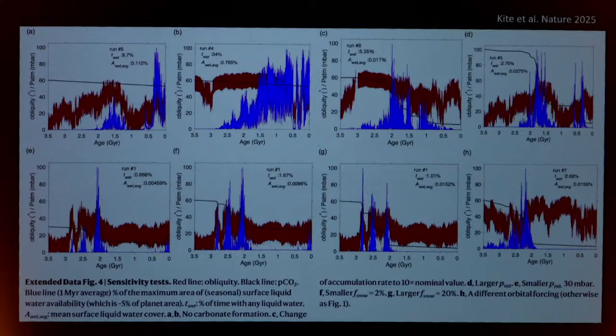However, we did do sensitivity tests with changing the accumulation rate, for example, and changing the carbonate formation amount. Because the negative feedback is so strong, you get roughly the same answer. Now, if you change the carbonate concentration too much, then you either overpredict or underpredict the total sedimentary rock volume.